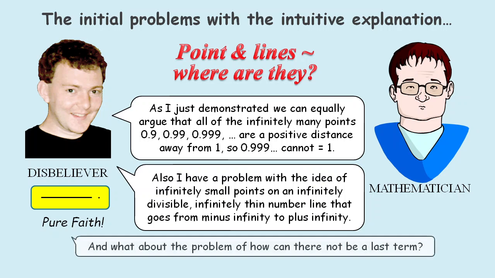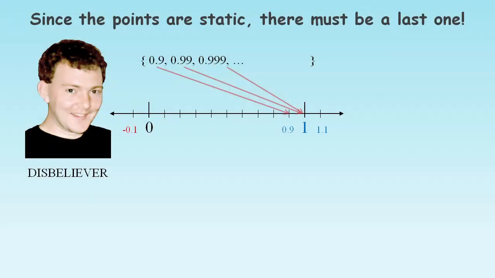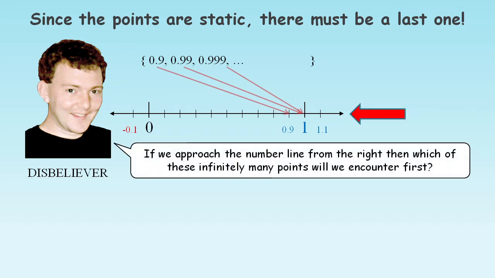And a third major problem is the problem of the last term. Given that all the points in the sequence 0.9, 0.99 and so on are supposedly static points on the number line, then how can there not be a last point? If we approach the number line from the right, then which of these static points will we encounter first?